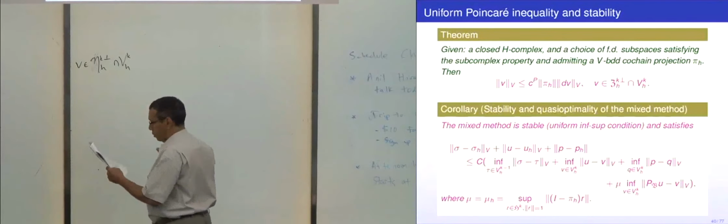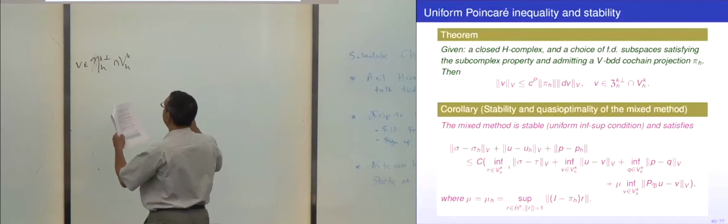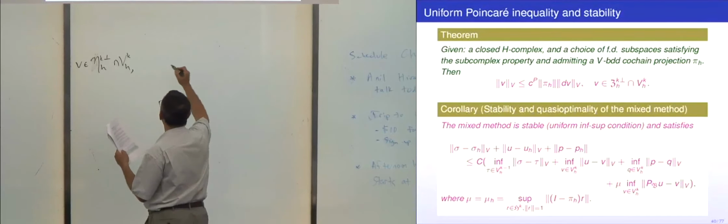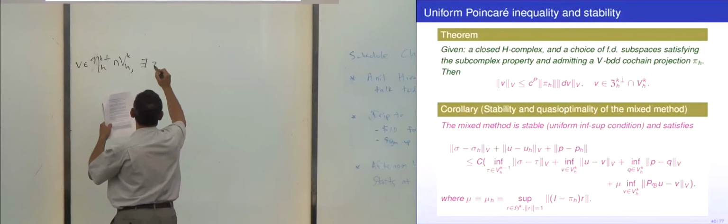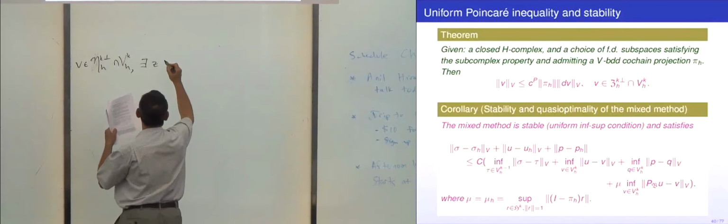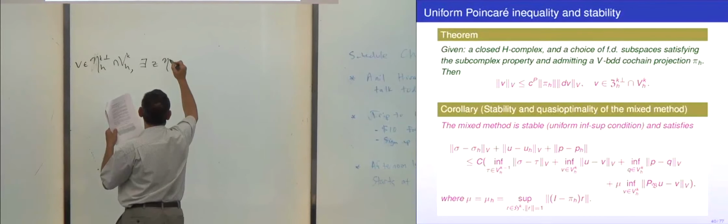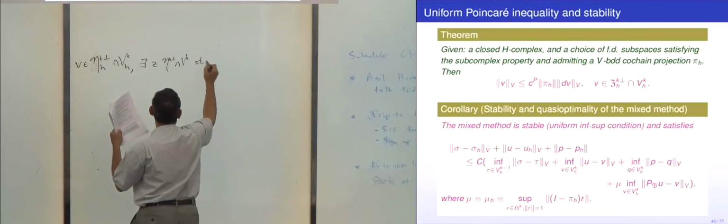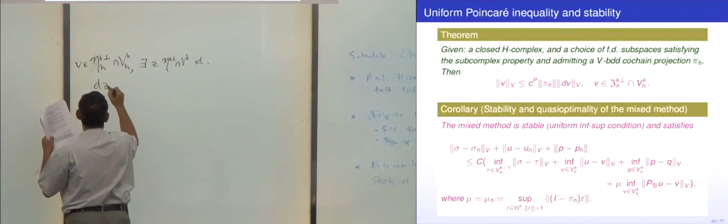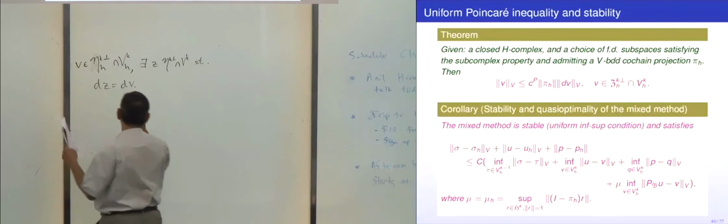The first thing I do is I look at dv. And I say there exists a z in the continuous analog, Z perp, inside V with the same value of d, such that dz is dv.